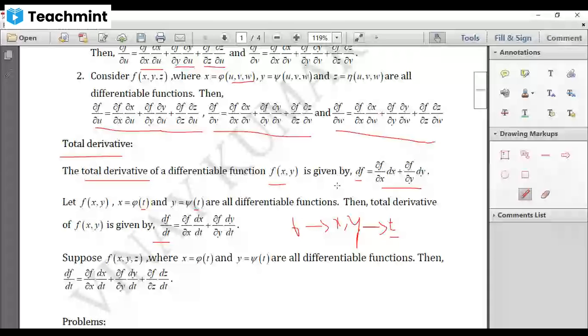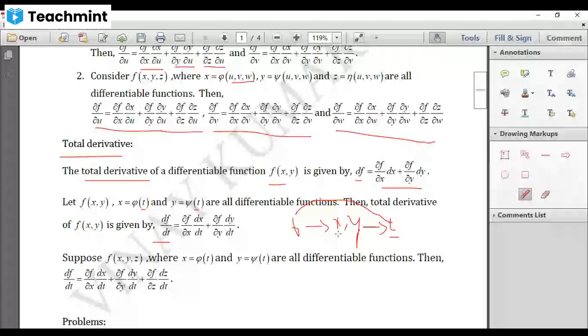So what is the derivative df/dt? Remember your f is a function of two variables. So you cannot differentiate both of them at a time. You have to keep one of them and differentiate with respect to the other. So you have to use partial because you are partially differentiating it.